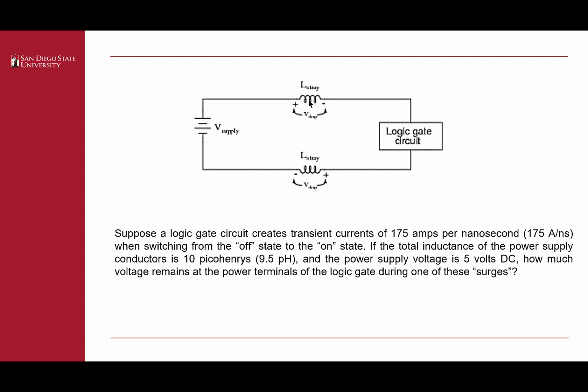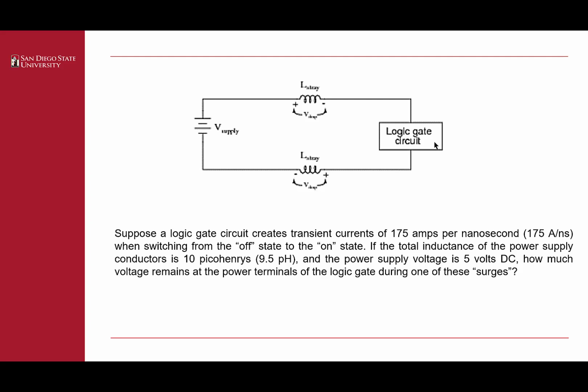So the multiplication becomes 9.5 times 10 to the minus 12 times 175 over 10 to the power of minus 9.